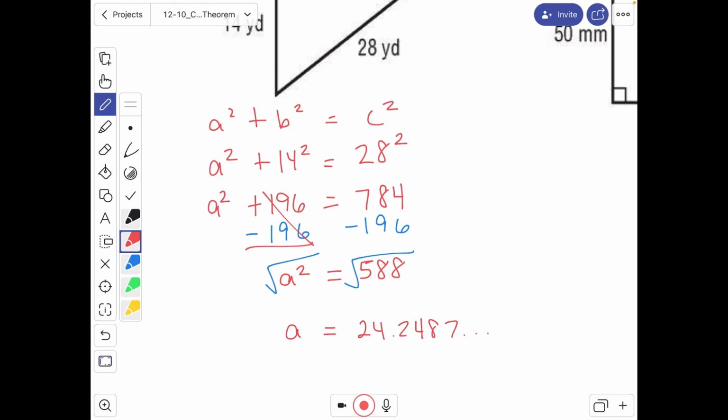Well, the instructions said to round to the 10th place. And the number in the 10th place is right next to the decimal. So I look next door to that and decide if I'm going to round up or leave it alone. 5 or more, raise the score. 4 or less, let it rest. So we're going to round that to 24.2. So when you put your answers in, make sure that you are rounding to the 10th place. Everything else will get dropped behind the 10th place.